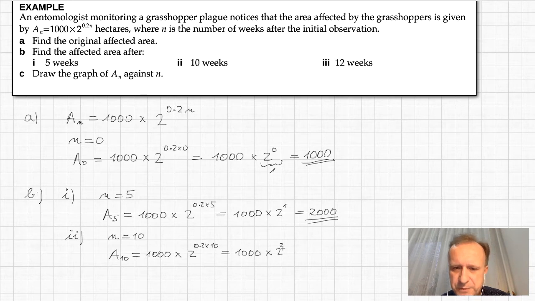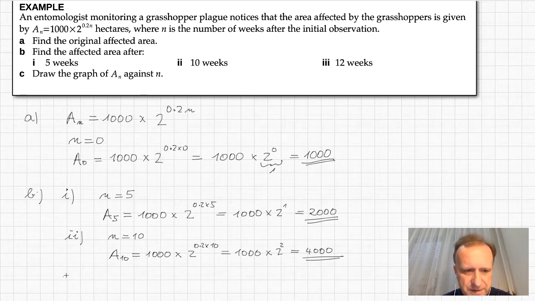Since 2 to the power of 2 is 4, it's 4 times 1000, which is 4000. So you see that after another 5 weeks, the affected area increased by a factor of 2 again. First we started with 1000 hectares, then after 5 weeks we had twice as much, 2000 hectares, and after another 5 weeks we had twice as much again, 4000.